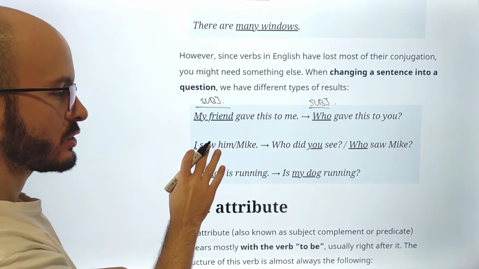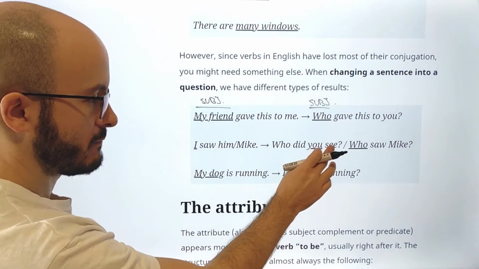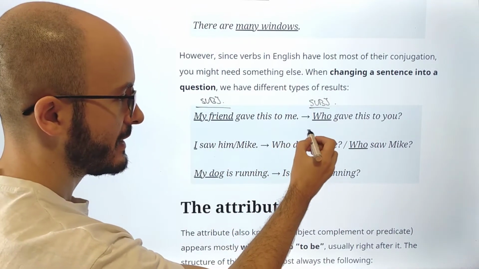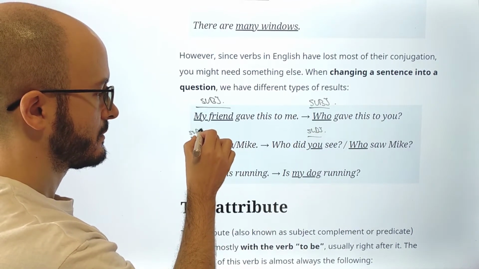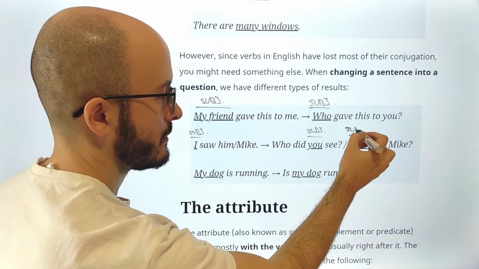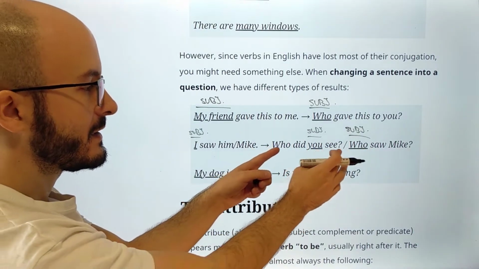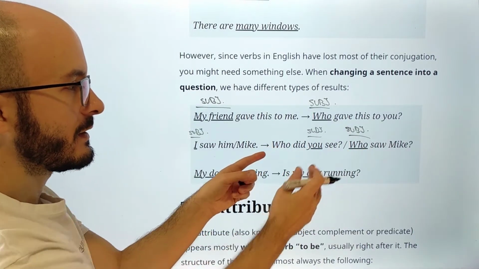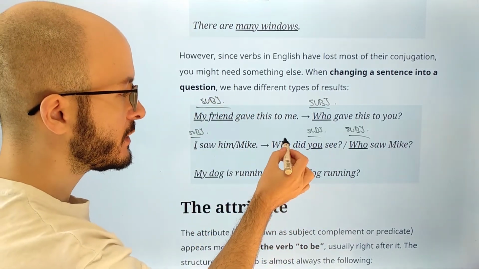Now, I saw him, or I saw Mike. Who did you see? So now we see that this is the subject. Now, who saw Mike? Okay, so depending on the order, depending on what we are asking about: who did you see?